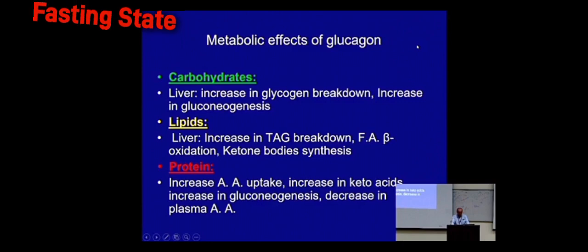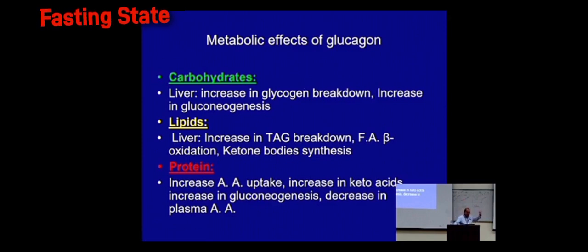Okay, so glucagon is going to have, again, its own set of effects on metabolism. The effects on carbohydrates primarily are to increase glycogen breakdown, glycogenolysis, by activating PKA, phosphorylating glycogen phosphorylase kinase, phosphorylating glycogen phosphorylase, and that results in glycogenolysis.